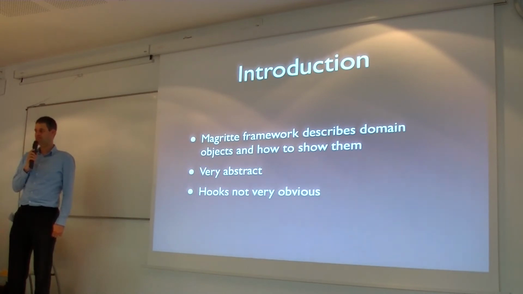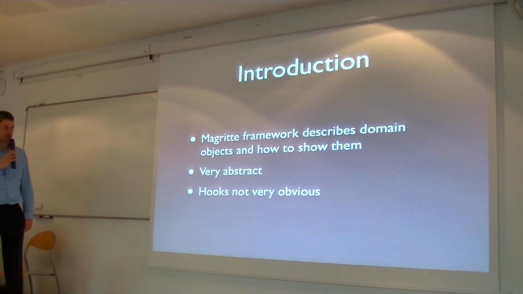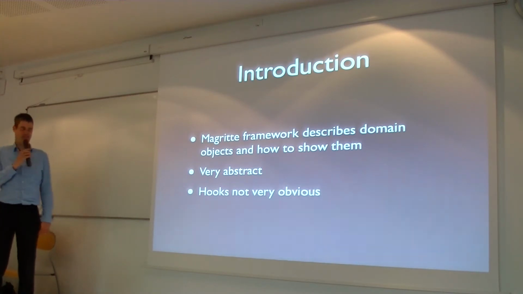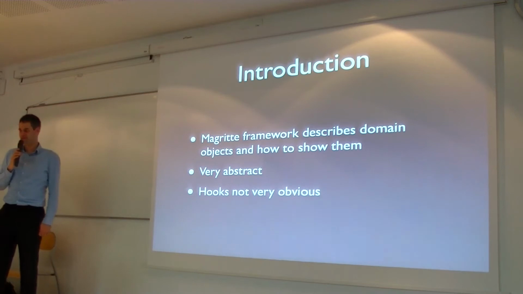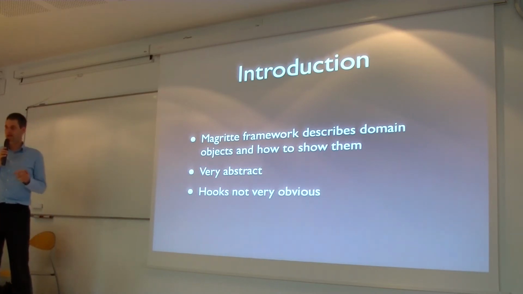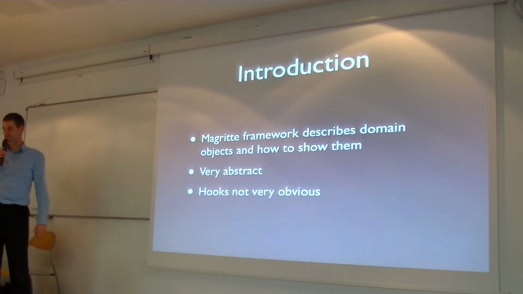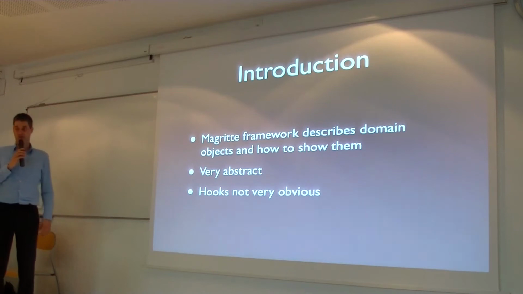So, a small part. Then I will tell a bit more about Magritte than simply saying it is a framework on top of Seaside. Magritte is a framework to describe your objects, and with this framework you can generate your user interface, in Seaside but also in Morphic.